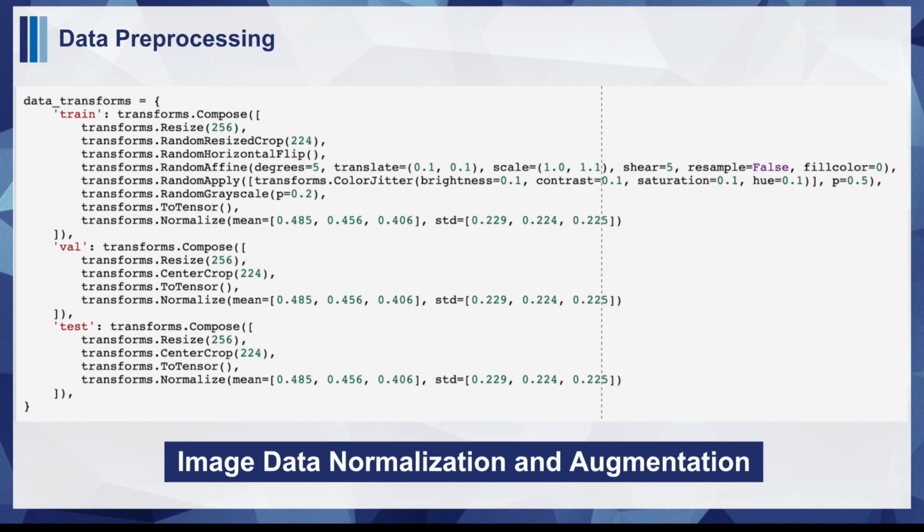How do we do pre-processing? First of all, we resize all the images so they have a similar structure. So here we resize to 256 pixels. Second, we crop the image. If we input the image directly to the model, we are not generalizing, so when a new image arrives, depending on the rotation, the amplitude of the image, or the quality of the image, the model won't be able to predict correctly.